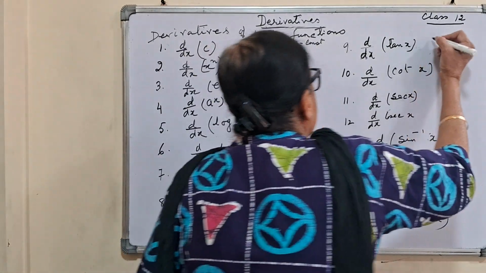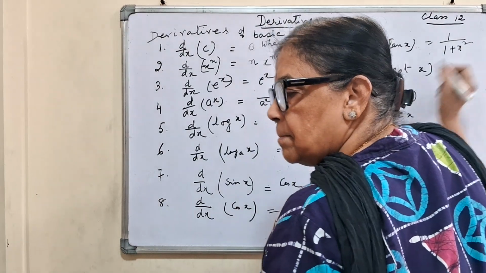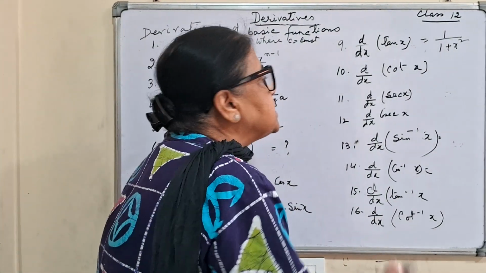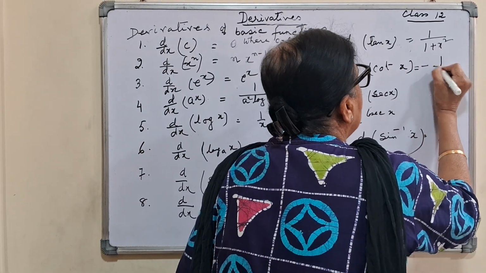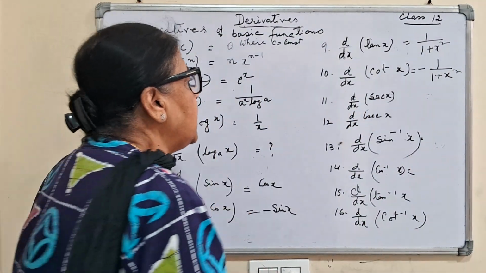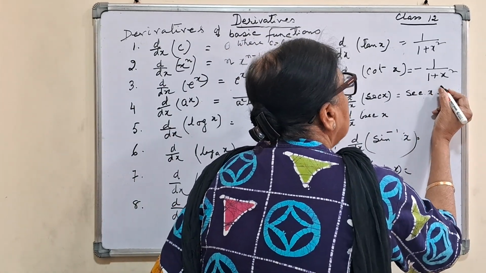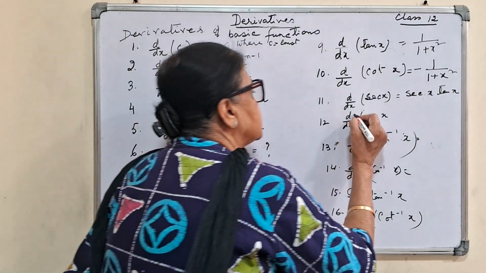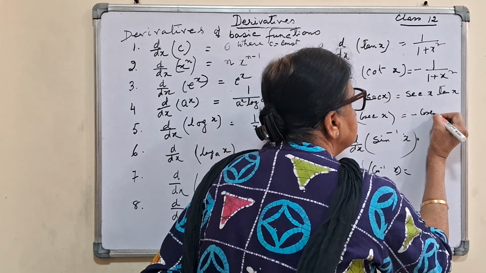Now, d/dx of tan x is equal to sec square x. d/dx of cot x, since it is a co-function, is equal to minus cosec square x. d/dx of sec x is equal to sec x tan x.